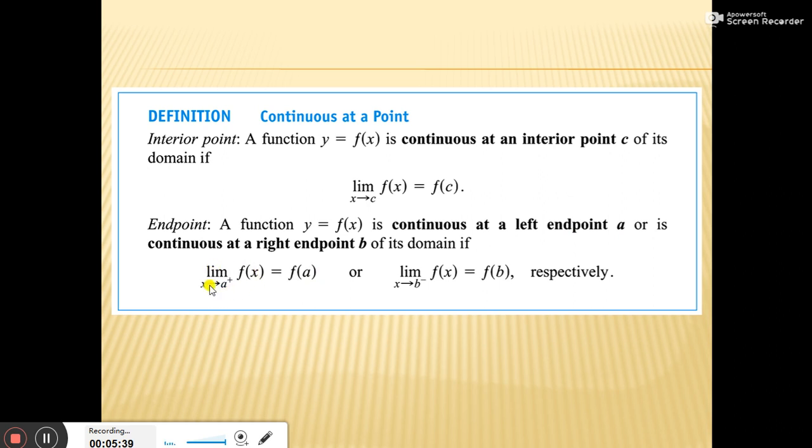That means we have to consider only the right-hand limit. And for continuity at the right endpoint b, we have to consider the left-hand limit at b, and if this left-hand limit is equal to f(b), then the function is continuous from the left at the right endpoint b.